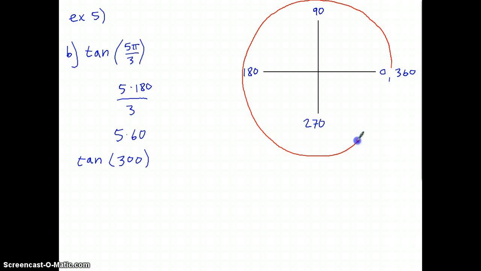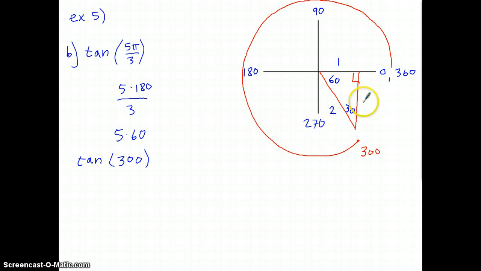Right here, this is 300 degrees. I'm going to go back to my origin, and then drop straight down to the x-axis to create a right triangle. Then I want to figure out the distance from 300 to 360. What's that distance? 60. So we're looking at another 30, 60, 90 triangle. If this is 2, the side opposite of 30 is half of the hypotenuse.